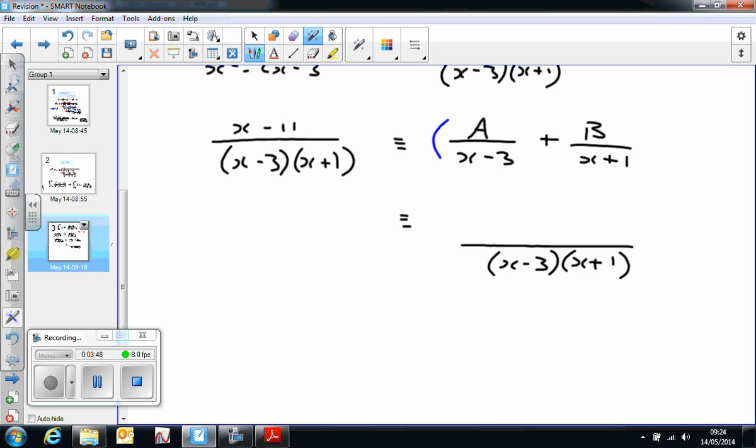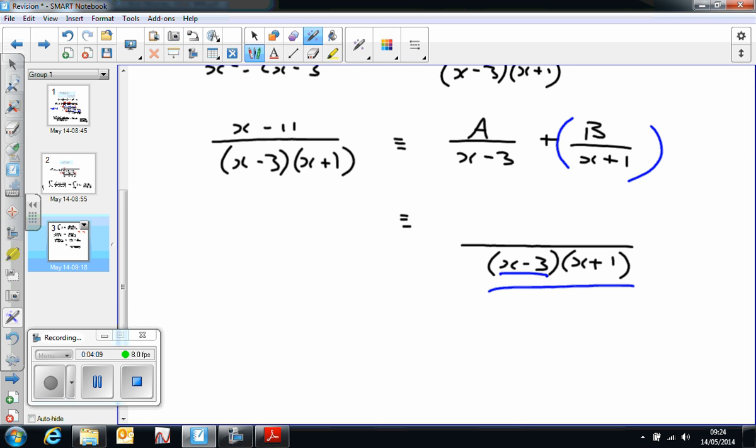If we look at this first one, I want the denominator of this first one to be this. So what's missing is the x plus 1 term. So I have to multiply top and bottom of this fraction by x plus 1. So in other words, I multiply a by x plus 1. And similarly, if I want this fraction to look like that, I've got to multiply by x minus 3.